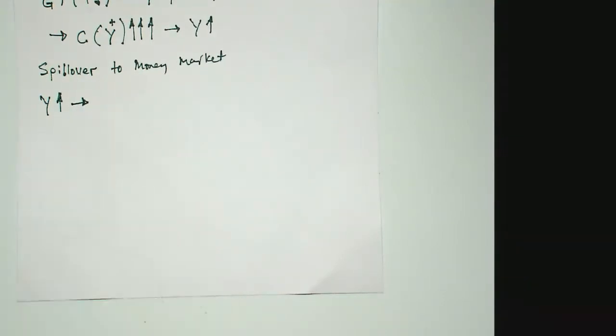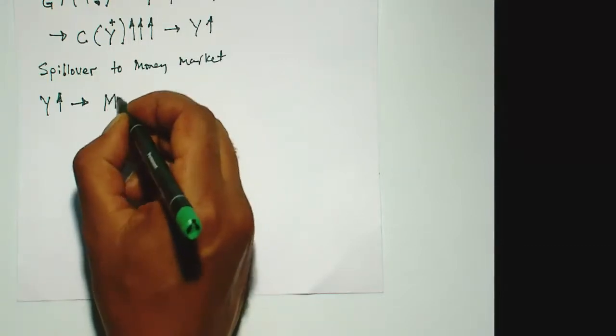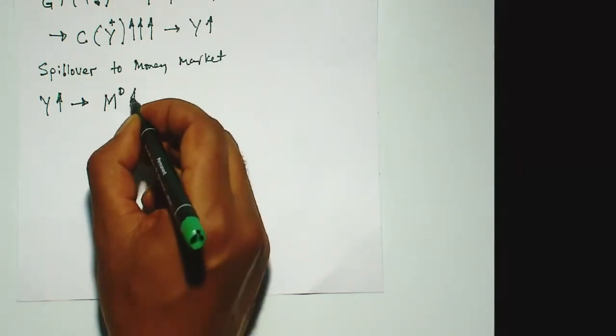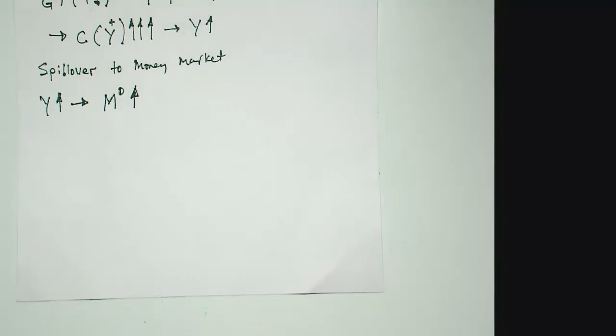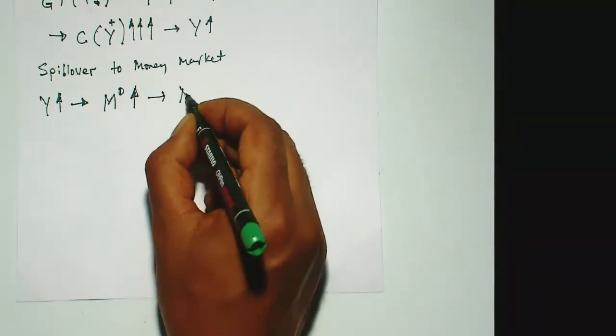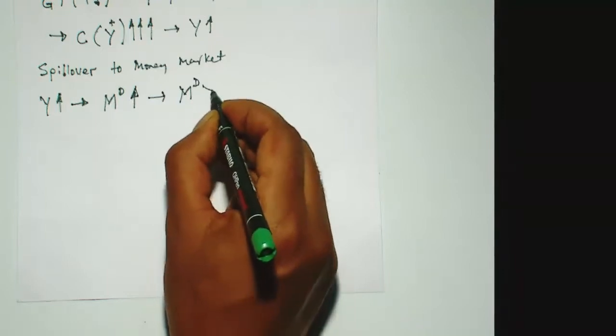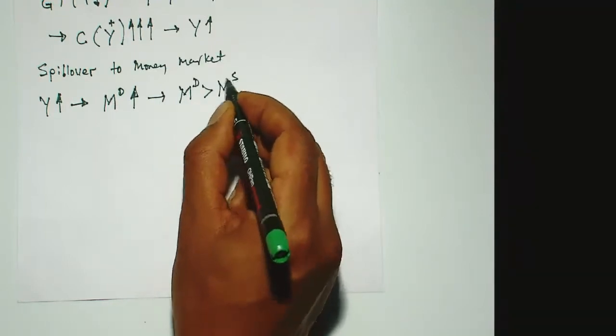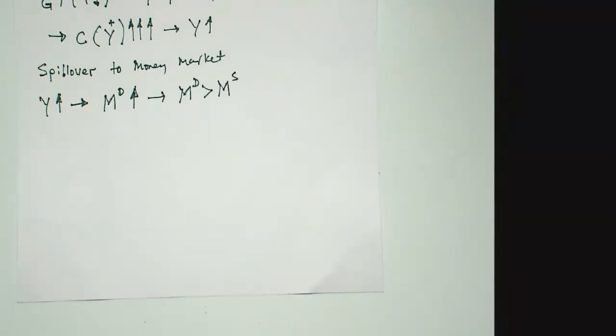If income increases and if aggregate demand increases, aggregate demand is also incorporating money demand. So if aggregate demand increases, money demand would also increase. If money demand is increasing, this is again to say money demand will be greater than money supply.